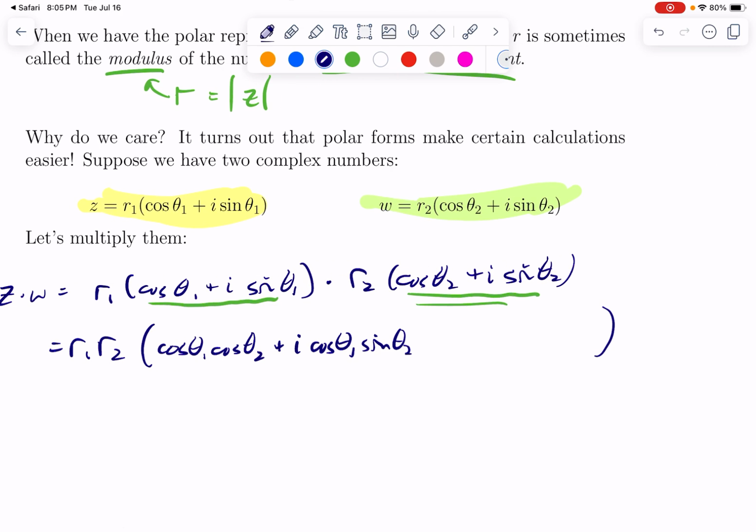I may need to give myself a little more room here. My inners would be i times sine theta 1 cosine theta 2. And for my lasts, I will have i times i, so that's negative 1, sine theta 1 times sine theta 2.